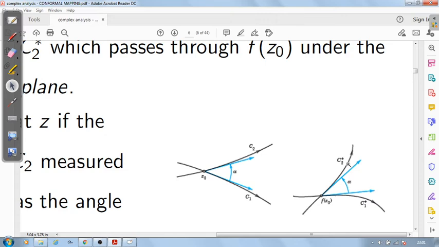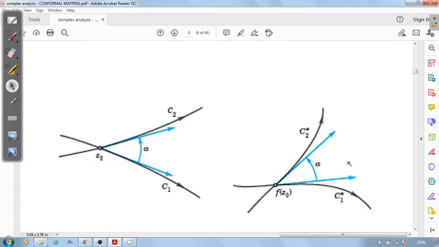So as it is a point common to C1 star and C2 star, we can say C1 star and C2 star intersect at f of z0. Now suppose the angle measured from C1 star to C2 star is alpha itself, then you can say that the map is conformal. C1 and C2 are any two curves intersecting at z0.